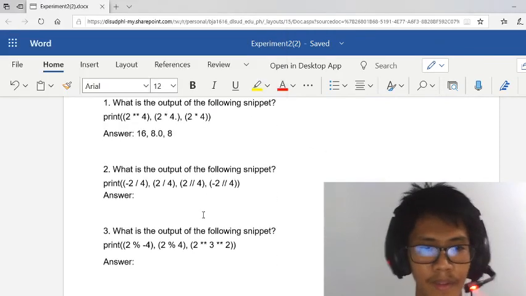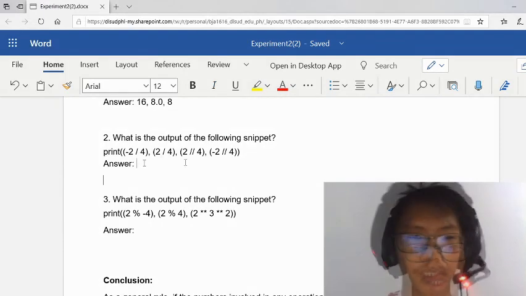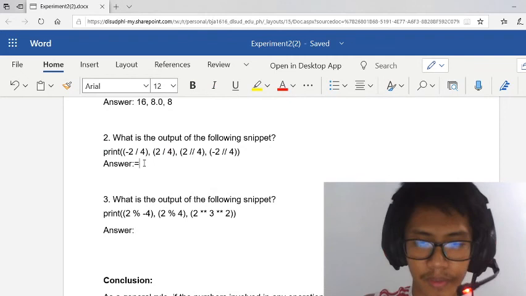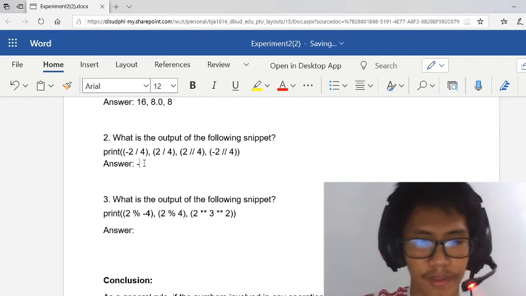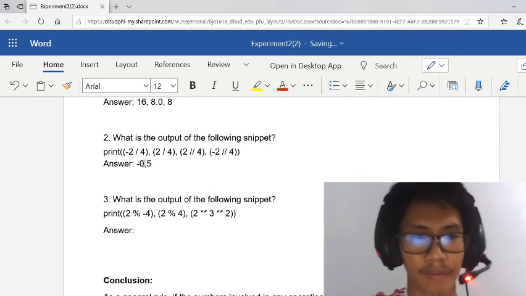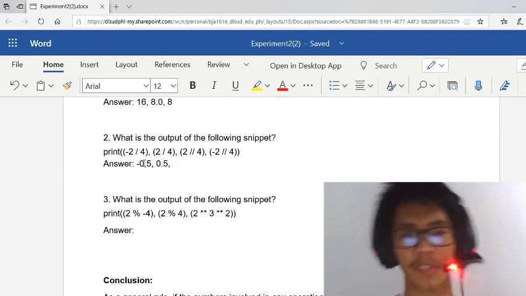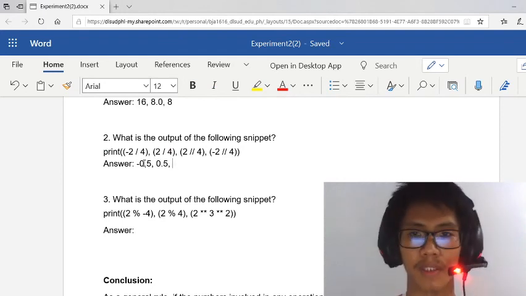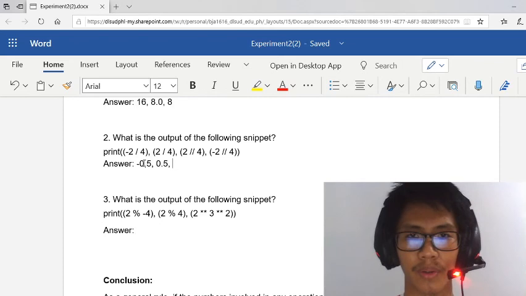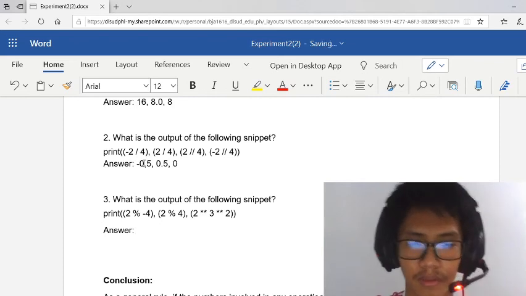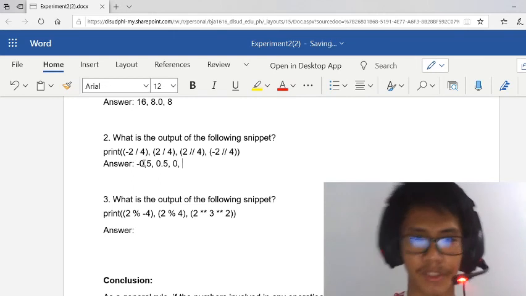Okay. How about the second batch? We have negative 2 divided by 4. So that would be negative 0.5. 2 divided by 4 would be positive 0.5. 2 divided by 4 with the floor, so that would be 0.5, but since it would want the lowest integer, that would be 0 because it is a floor operation.